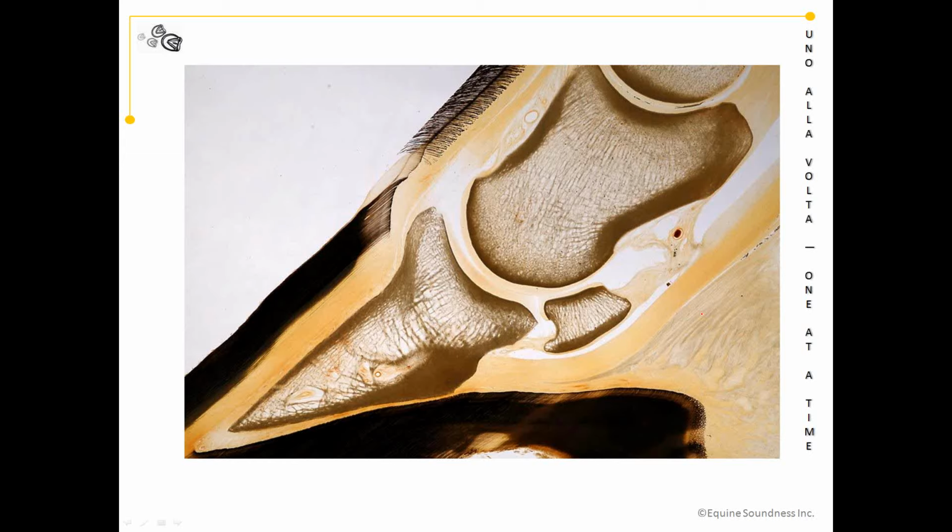But sesamoid bones are there to change directions of the tendon. That's what their job is. That's why they are inserted there, so that the tendon can glide easily over this structure. Very important to remember that the tendon is set into the coffin bone straight from the bottom. Make a big note on it and underline it. It will come back.